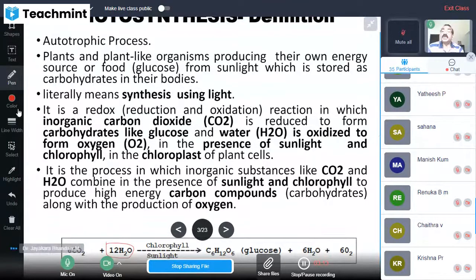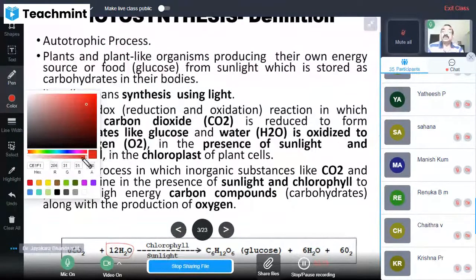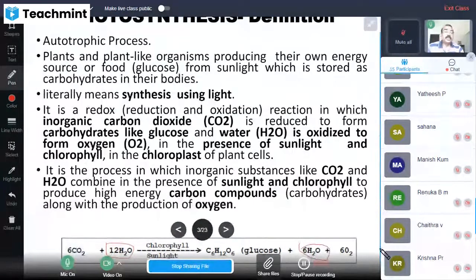Can you see that? It is also a reactant, it is also a product. Okay, am I clear?